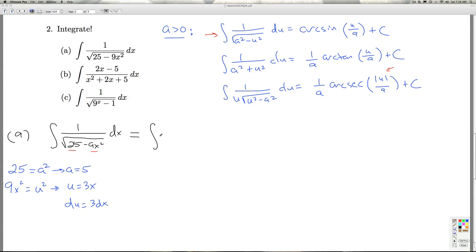So this is the integral of 1 over the square root of 5 squared minus 3x squared, and I'll want the 3 dx there, and so I'll put a 1/3 out front, and so the 5 squared is the a squared, this is my u squared, and that's my du.